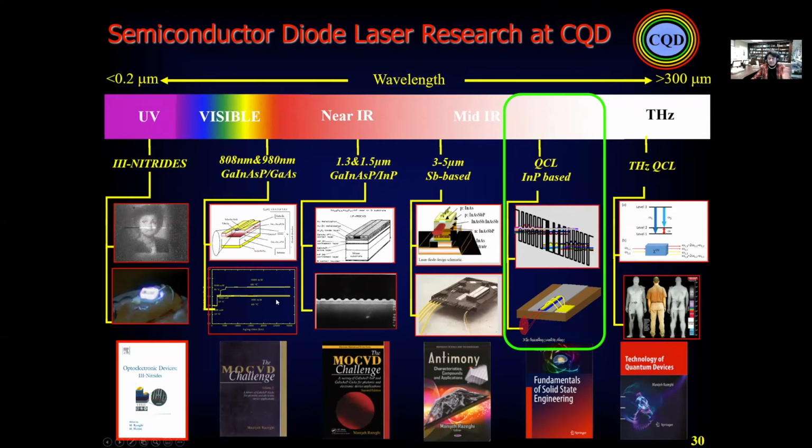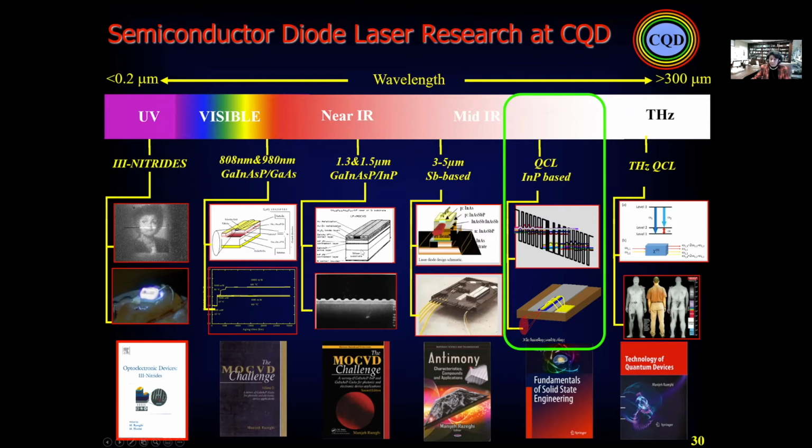But if we go to another range, the 1.3, 1.5 micron range for telecommunication, again, as you know, for 50, 60 years everybody was working, especially for the silica optical fiber. But unfortunately, they were using liquid phase epitaxy, and it was impossible to have high performance, especially the DFB.